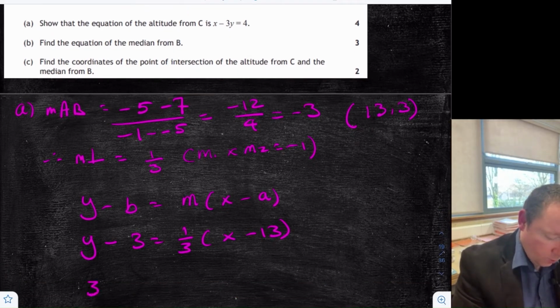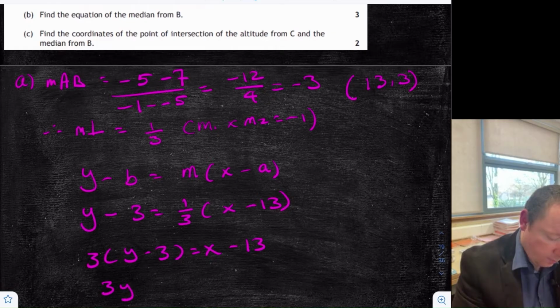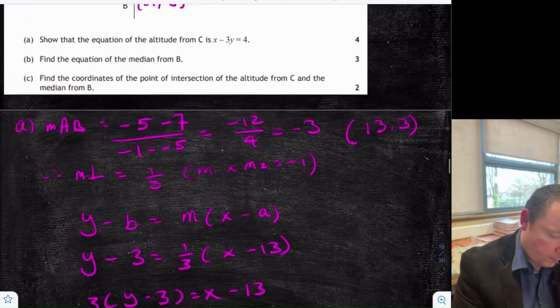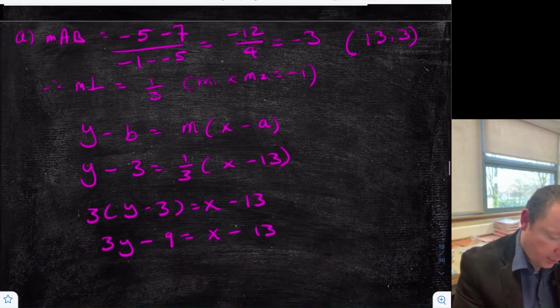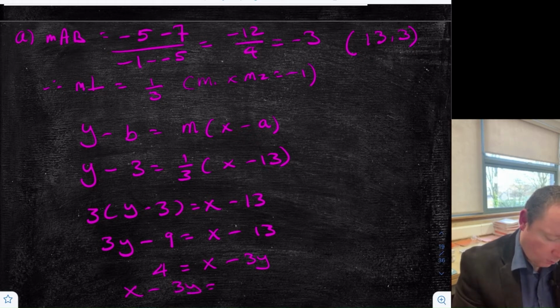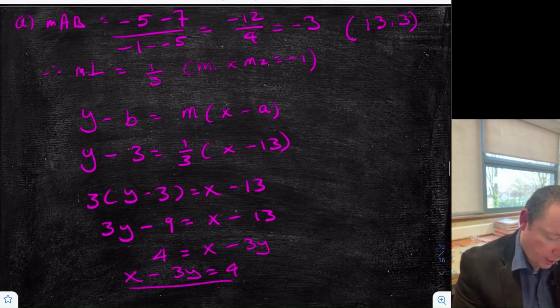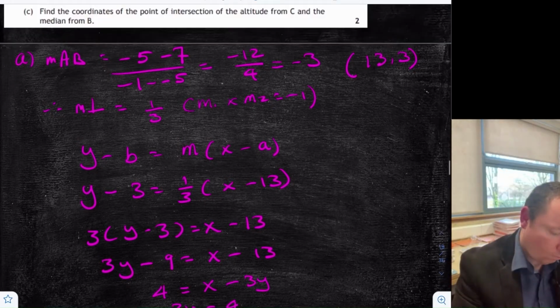So 3y minus 3 is x minus 13. 3y minus 9 is x minus 13. And we want to make it look like x minus 3y. So taking the 13 over to this side, that gives 4 equals x minus 3y, or x minus 3y equals 4. Just making it look like it's asking in the question.